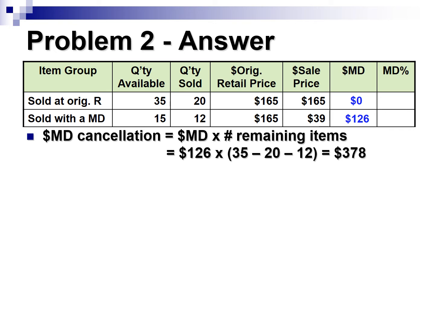Originally 35, 20 were sold at the original price, and then 12 were sold at the markdown price. So now what's left is 3 items. Those remaining 3 items each carried a markdown of $126 before the markdown cancellation, right? So that makes the markdown cancellation dollar to be $378.